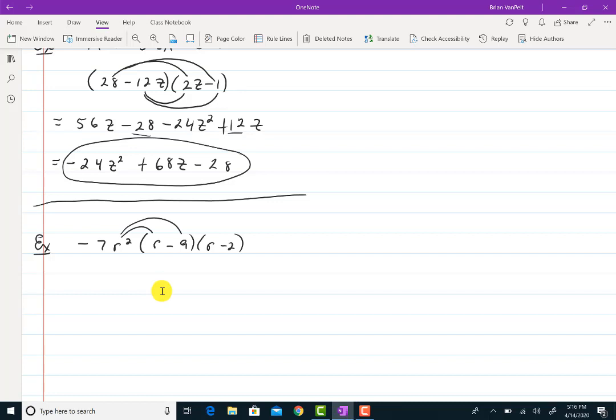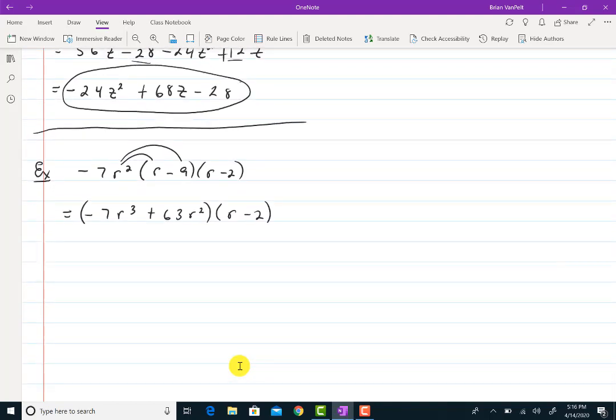So the negative 7r squared times r will be negative 7r to the third, and then negative 7r squared times negative 9 will be plus 63r squared. And then I'll apply the FOIL method to the resulting expressions. So let's start here. I'll get negative 7r to the fourth, and then here I'll get positive 14r to the third.